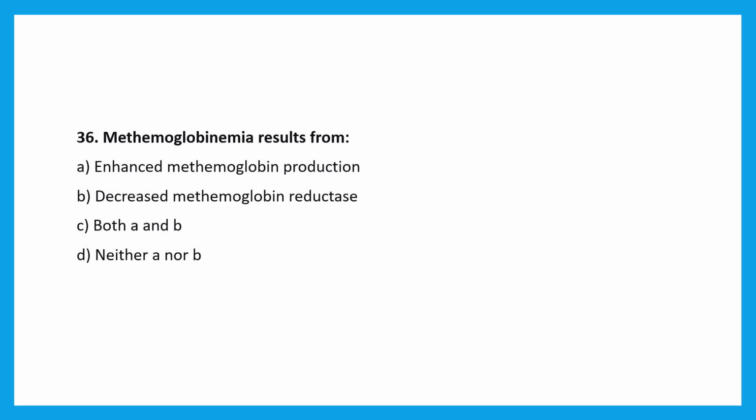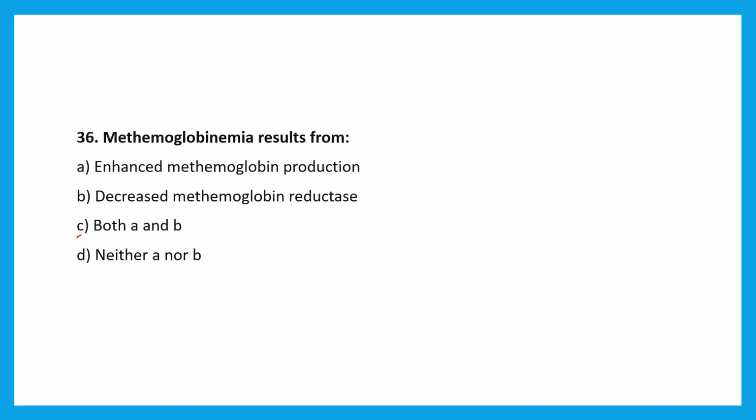Question 36. Methemoglobinemia results from A, decreased methemoglobin reductase, B, enhanced methemoglobin production, C, both A and B, D, neither A nor B. The best answer is both A and B, from what we've discussed previously.